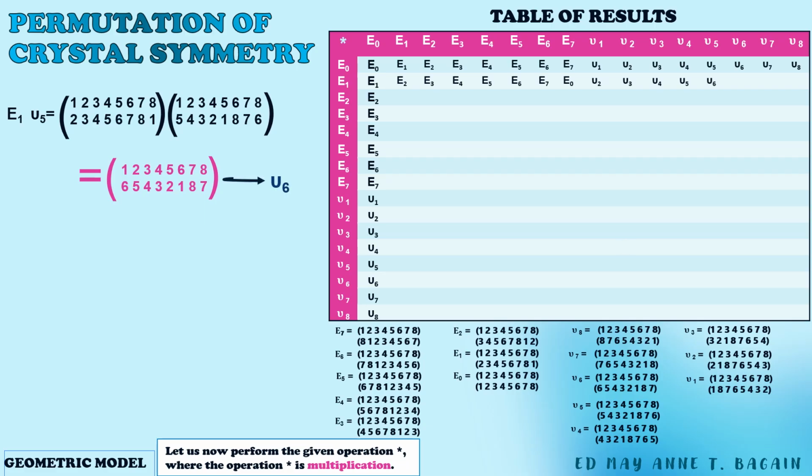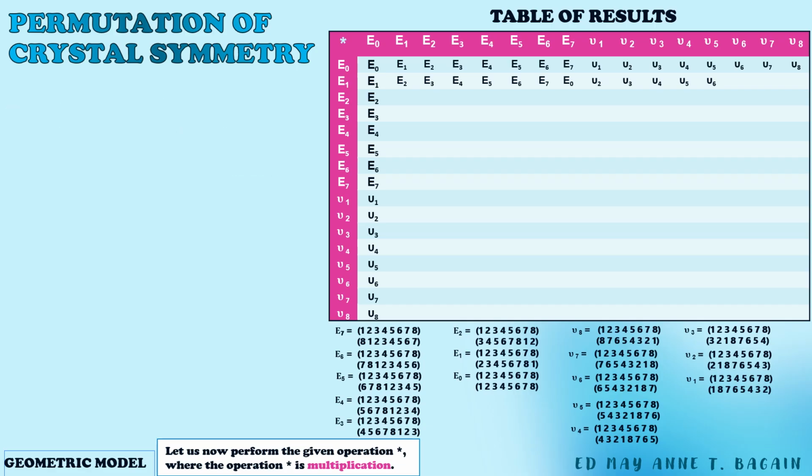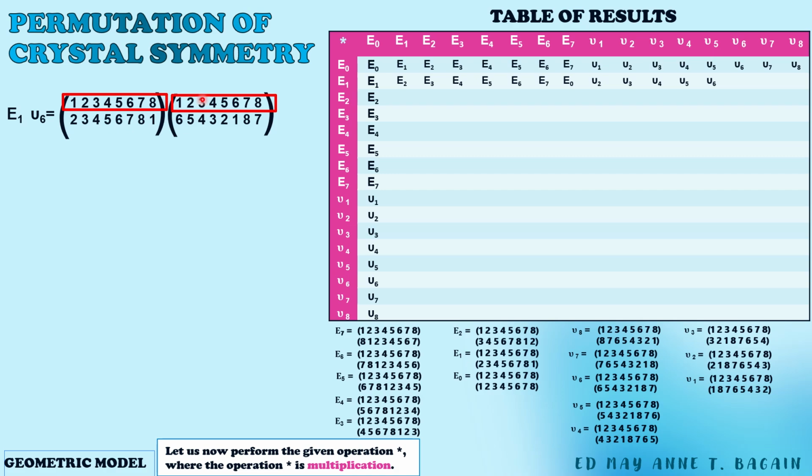It's epsilon sub 6. So now let's check epsilon sub 1 and epsilon sub 6. Looking at the result, we have 1.